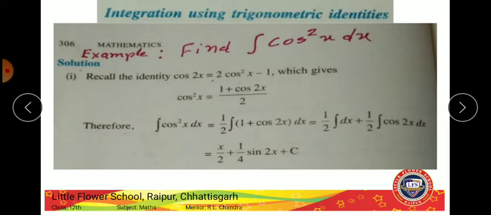We know that integration 1 dx is x, so that is equal to x by 2 plus integration cos 2x. Consider 2x as t. By substitution method, we can say that integration cos 2x value is 1 upon 4 sin 2x plus c, where c is known as constant of integration.